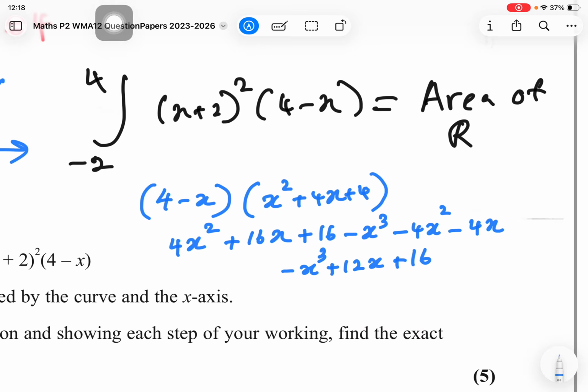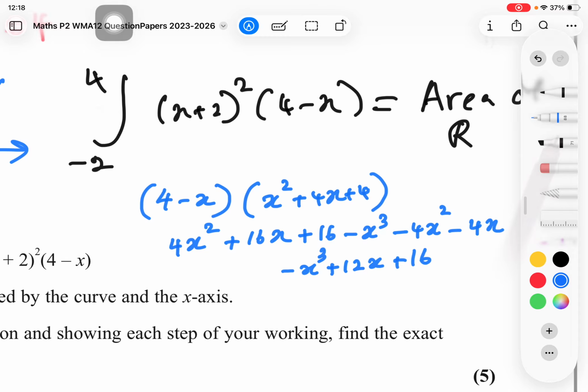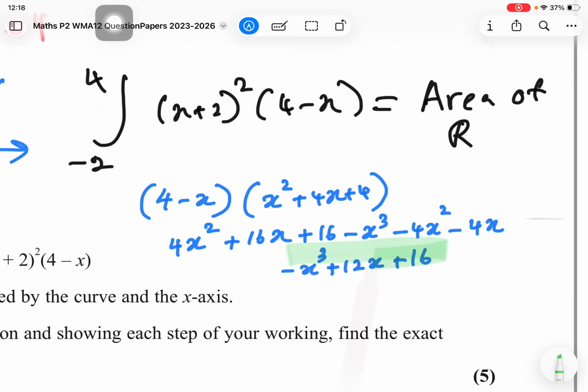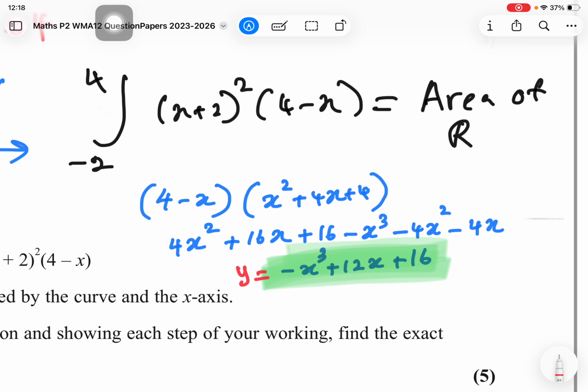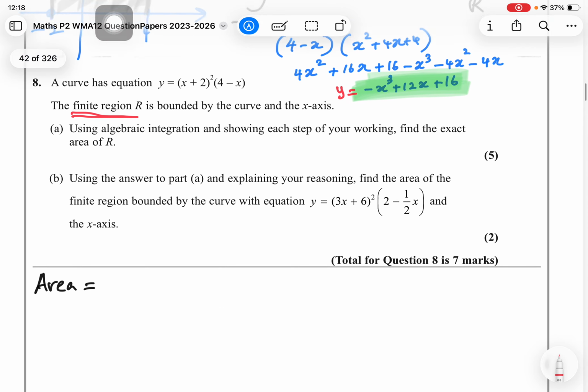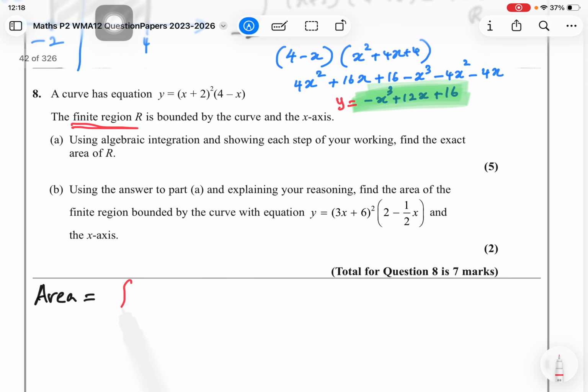So we have that answer. This is our y value, and we write it in this format so that we can easily do the integration. So it's the integral from −2 to 4 of (−x³ + 12x + 16).